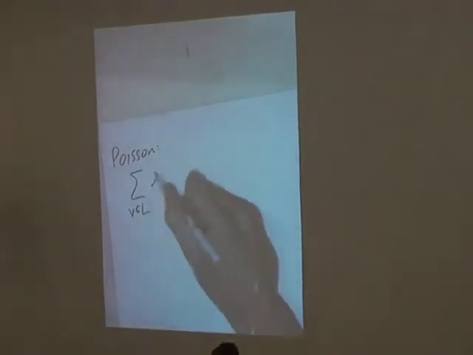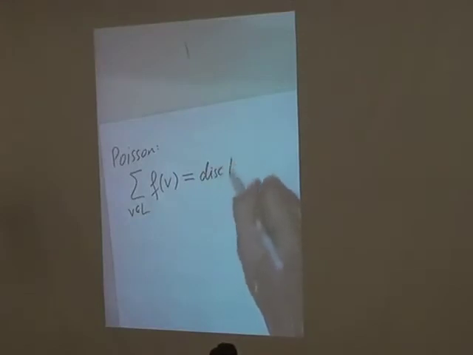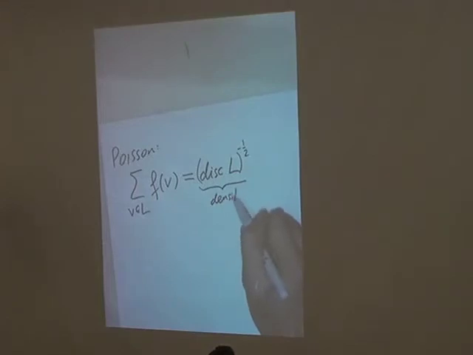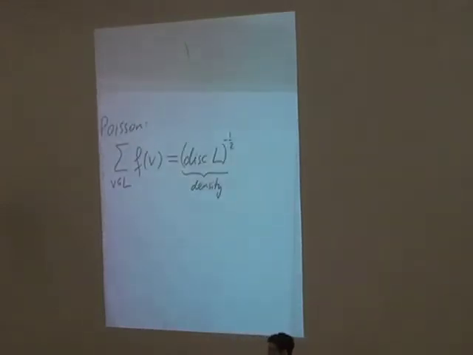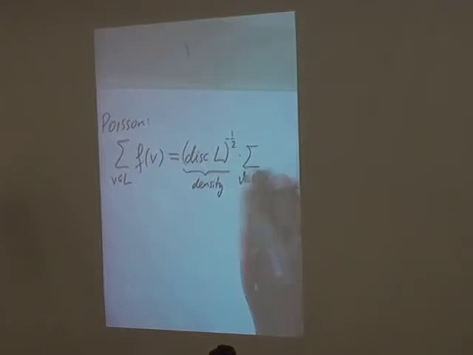Let's go back to our old standard, the Poisson summation formula, which says that the sum in n dimensions of any function, let's say any Schwartz function, over a lattice is equal to the discriminant of the lattice to the power minus a half, which is to say the density of the lattice, the average number of lattice points per unit volume, times the sum over dual lattice vectors of the Fourier transform.